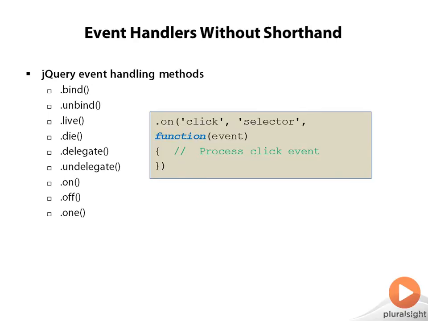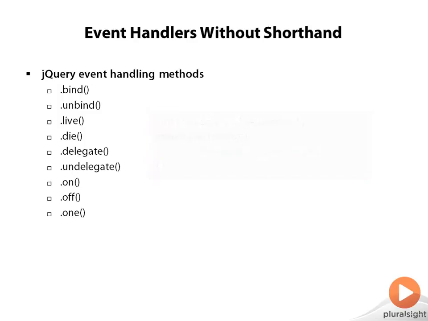Please note, the selector and event type parameters are reversed from what is used in the delegate method. When changing delegate methods to use the on method instead, we need to make sure and reverse the first two parameters. Since the parameter list for on is compatible with bind and live, you can start making use of the on method any place that is currently using those methods.